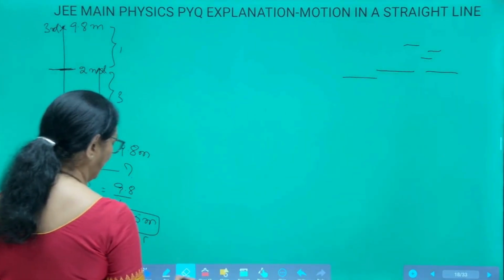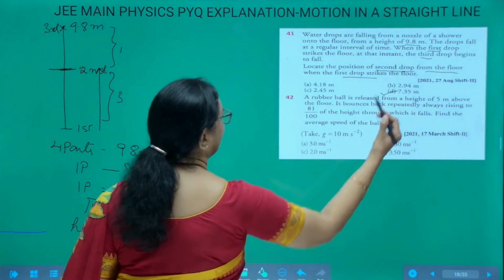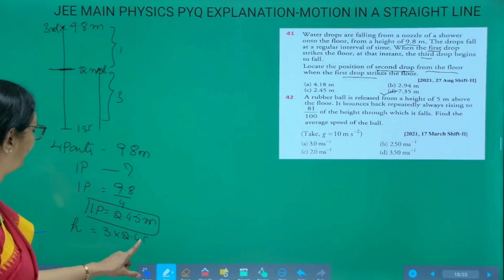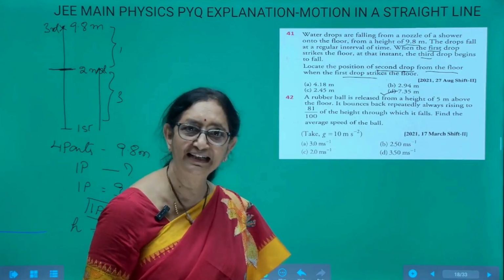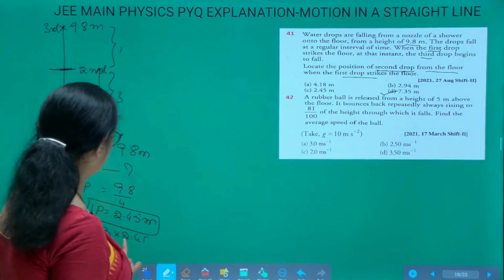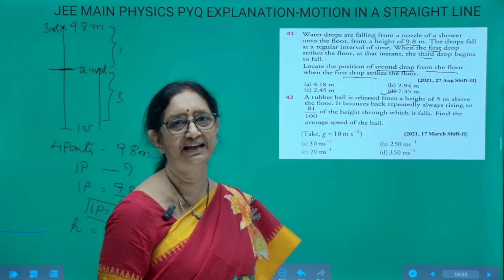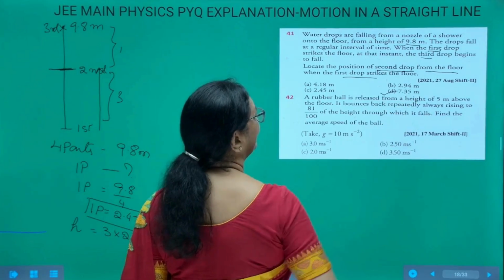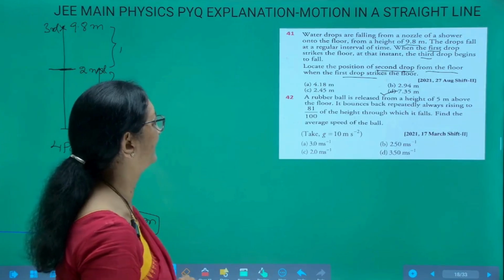That is 2.45 into 3. Actually, you need not calculate that. If you take it as approximately 2.5, 2.5 threes are 7.5, a little less than that, it is 7.35 meters. That is the answer for that problem.